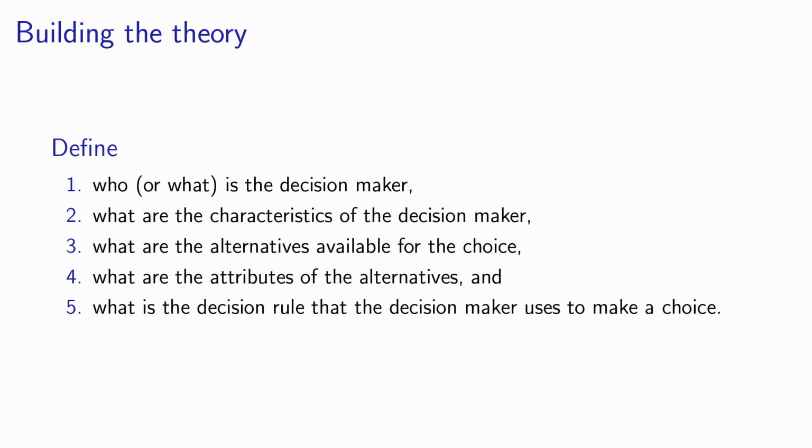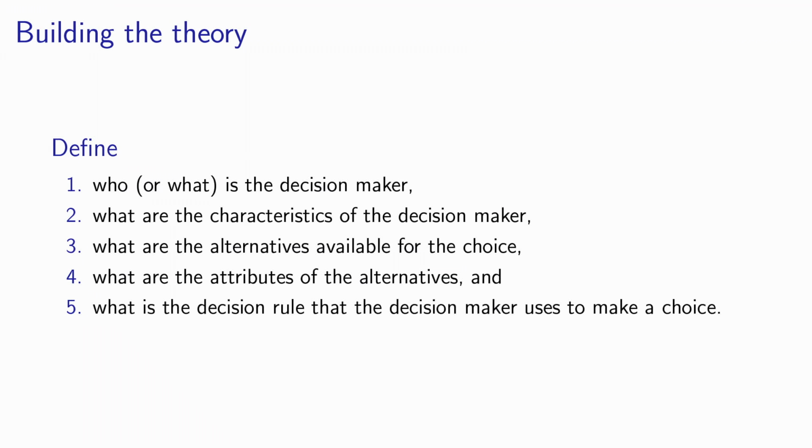In order to build a theory, we need to go through these steps. First, we need to identify who is the decision maker, the person whose behavior we want to model. Two, we need to know information about this individual, his characteristics. We will call this socioeconomic characteristics. Then we need to identify the choice problem, and in particular, what are the alternatives that are available to this individual to make a choice.